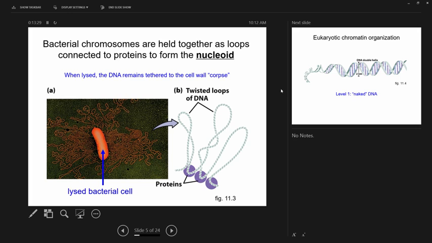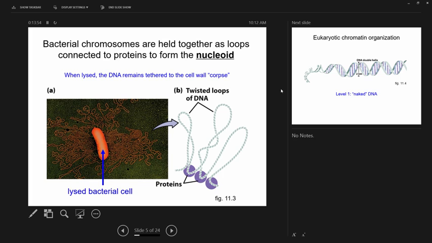The way we get the plasmid DNA away from the genomic DNA is that we're going to precipitate out all the cellular proteins using a detergent called sodium dodecyl sulfate, or SDS. If you look on all of your shampoo bottles, you'll probably see that as one of the ingredients.